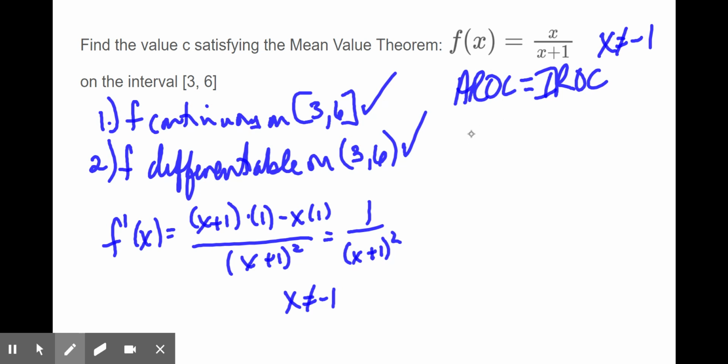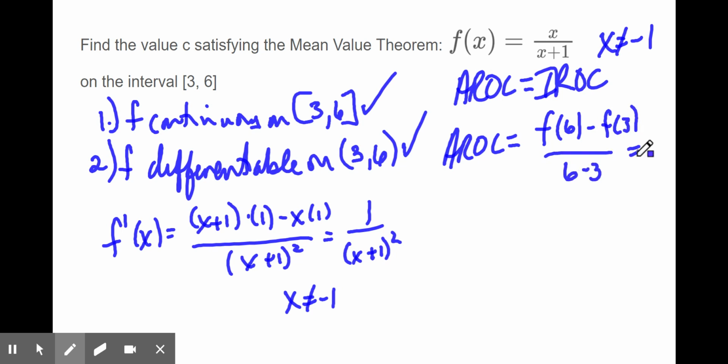So let's find the AROC first. To find the average rate of change, we'll just find f of 6 minus f of 3 over 6 minus 3, which is 6 over 7 minus 3 over 4, over 3. 28 would be the common denominator, so this would be a 24 and this would be 21.